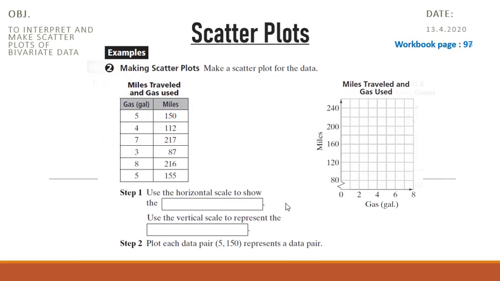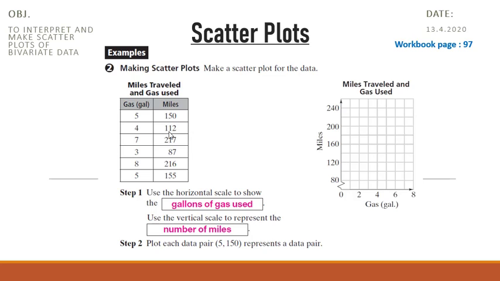Okay, guys. Now, this time you should do it by yourselves. So I want you now to focus. What we are going to do now, at first, use the horizontal scale to show the gallons of gas used, and the vertical to represent the number of miles. Okay?